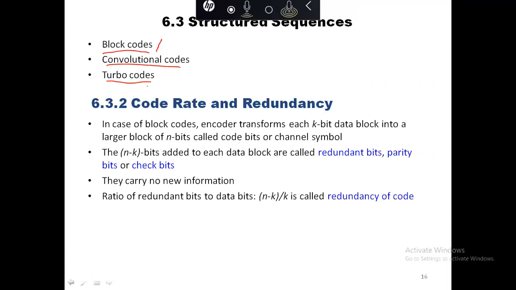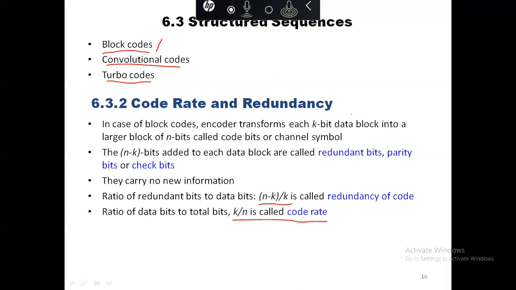So the redundancy of the code is the redundant data divided by the actual data, that is (n minus k) divided by k. And the ratio of the data bits to the total bits is the code rate, which is k by n.